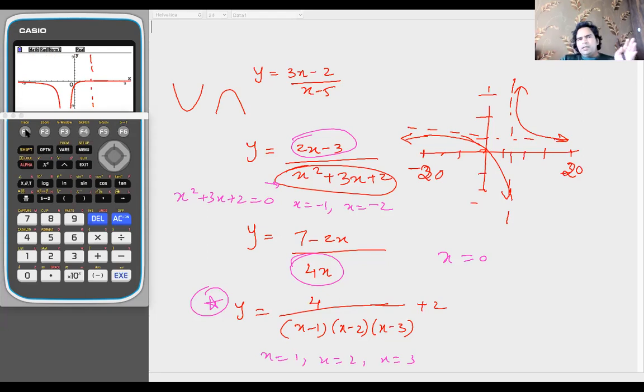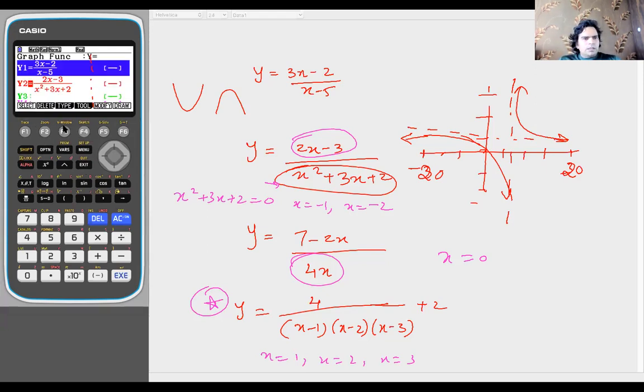So now I can see the red graph is the function that you have. In this case, you can see that there is only one vertical asymptote somewhere here. And something doesn't look right.